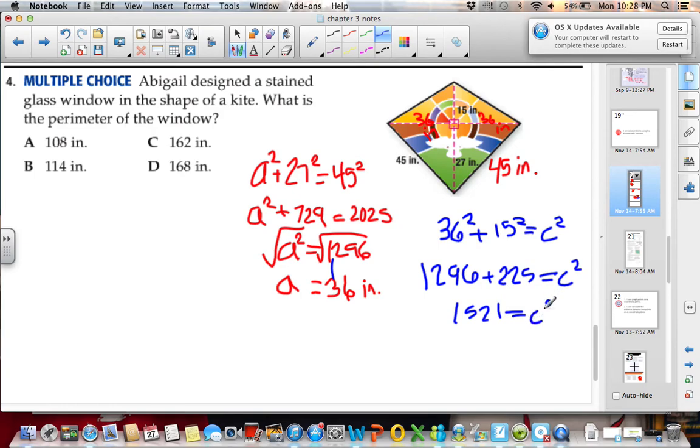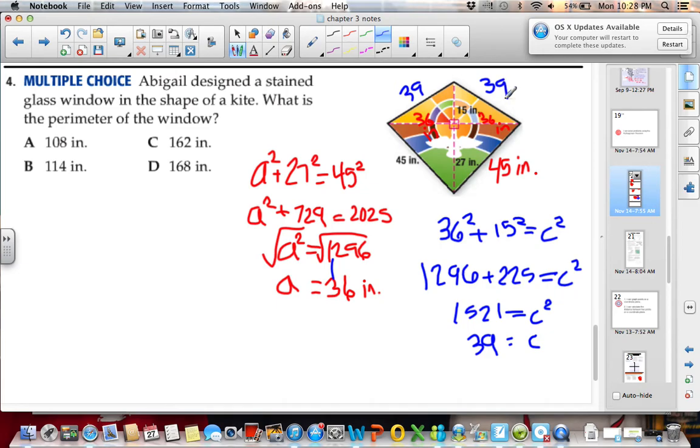Then we take the square root of both, and we get c equals 39. So this is 39, this is 39.